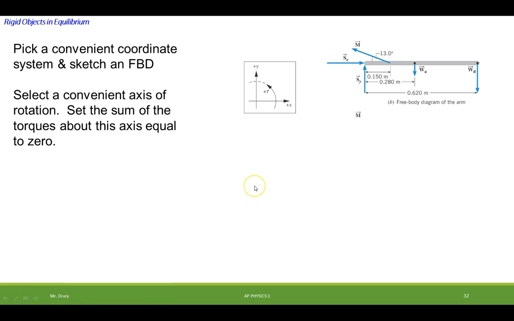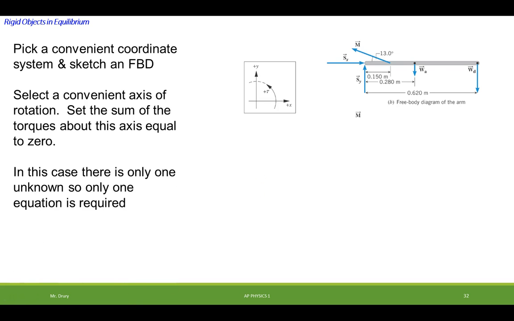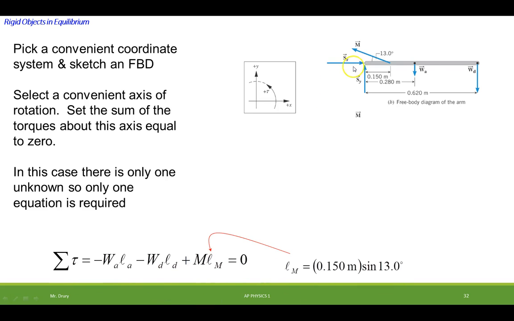So we're going to select a convenient axis of rotation. I'm going to pick one that is going to eliminate some of the unknowns. So what I did is I picked this point here, and I did the sum of the torques around that point. So I have the weight of the arm acting out this distance, and that is negative because it's going clockwise.